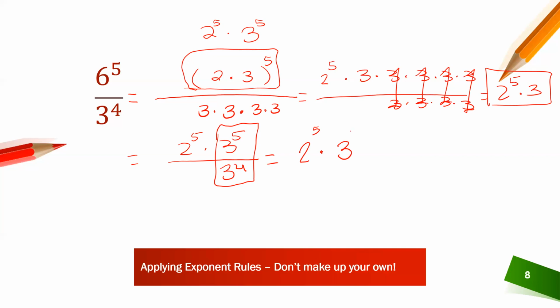And when I subtract the exponent, 5 minus 4 is 1. So I would get the same answer as previously, but using the property of exponents rather than writing it out using the definition, right? So whichever way you are headed, make sure you do understand these properties and just don't make up your own.